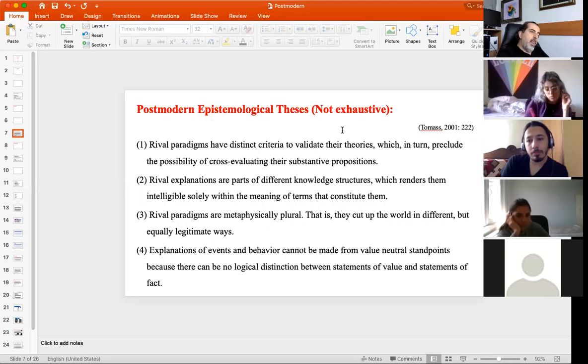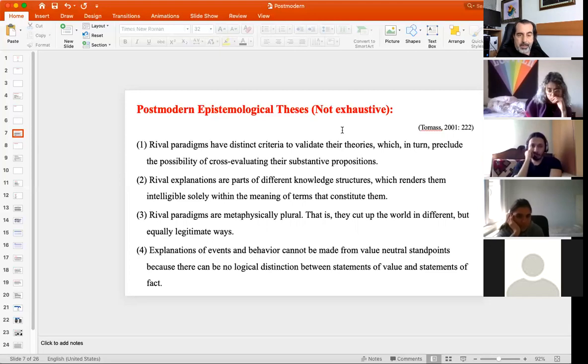So there is no single or unique criterion for the validation of knowledge and therefore science. There are more than one. So each rival paradigm has its own criterion to validate its own theory.